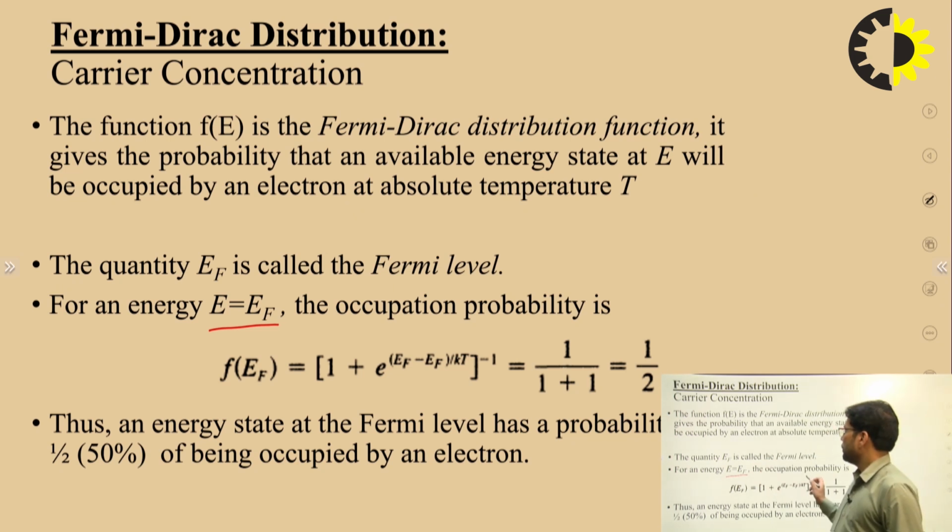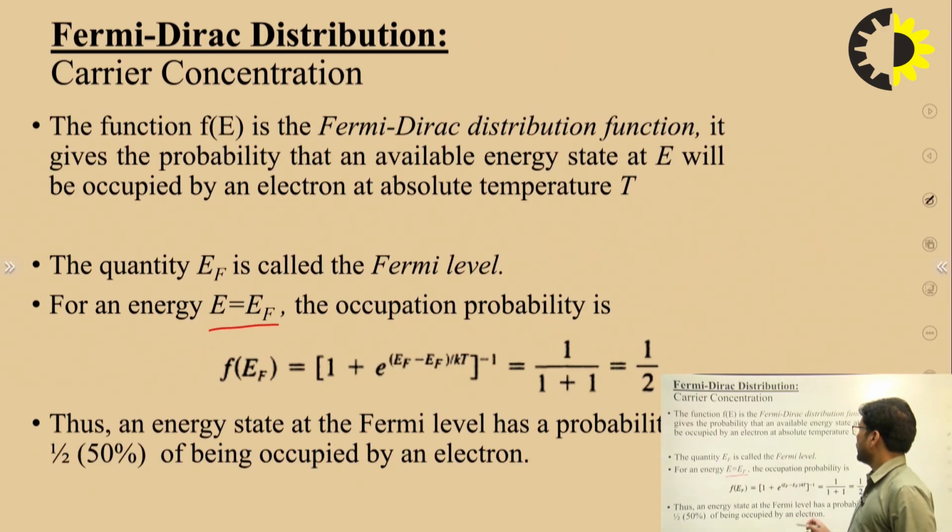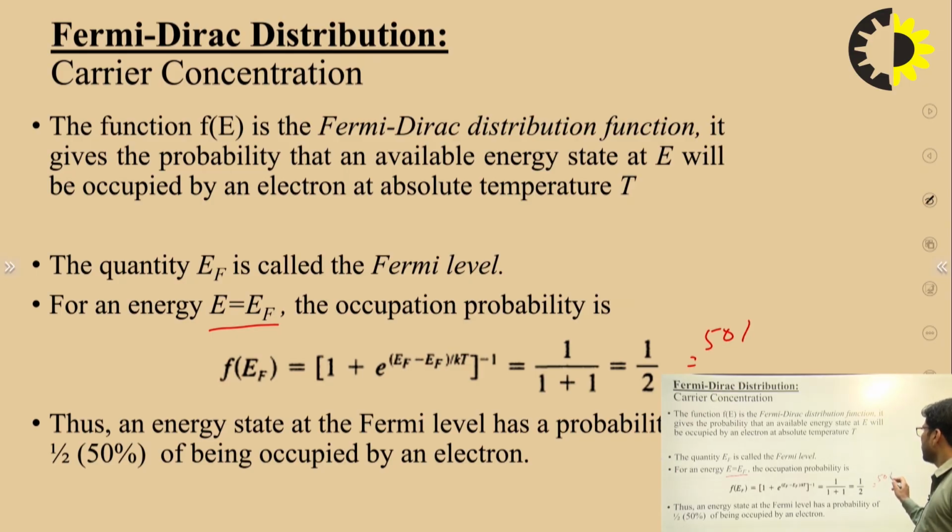You can put E equal to EF in this equation, then you will get 1 upon 1 plus 1, that is equal to half, that is 50% filled states. Thus an energy state at the Fermi level has a probability of 50% of being occupied by an electron.